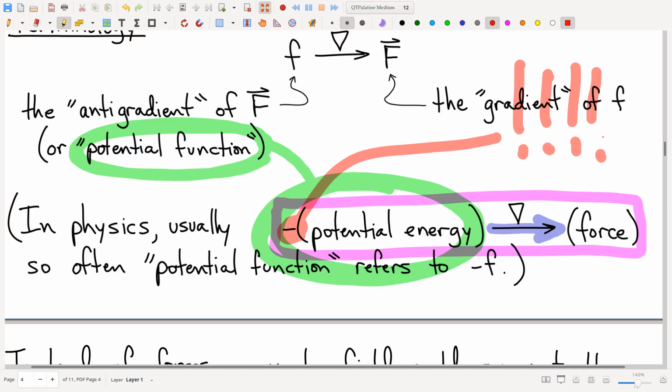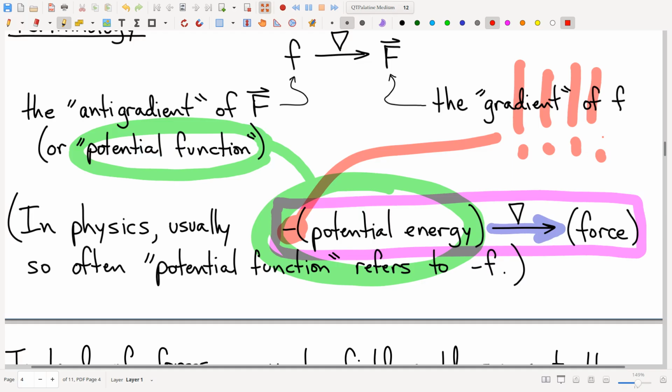I also am a little uncomfortable with the fact that making sense out of this term, potential function, requires thinking about specifically a physical metaphor. And we're not always looking at physical examples. Not all examples are physical. What if you're doing an example in economics?